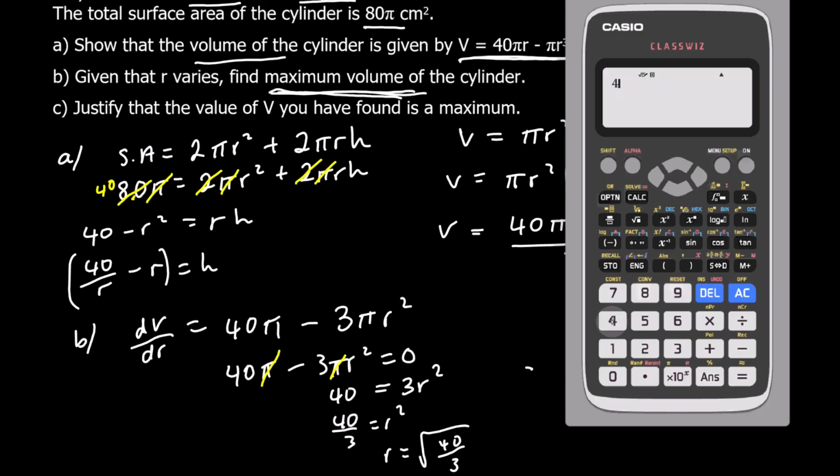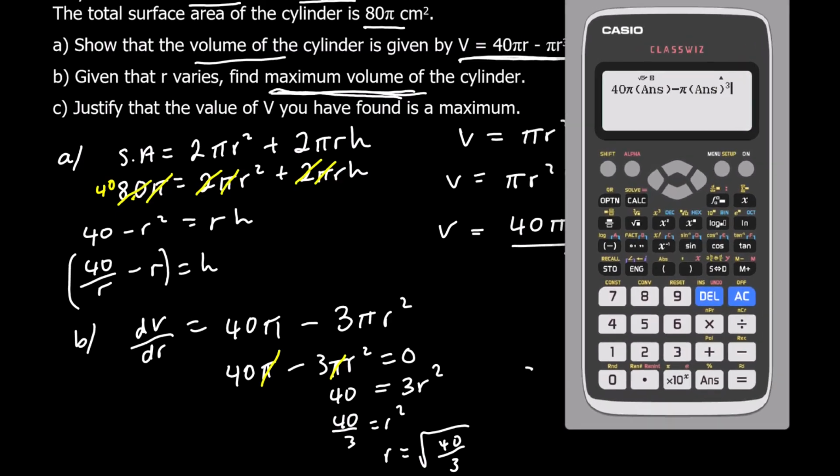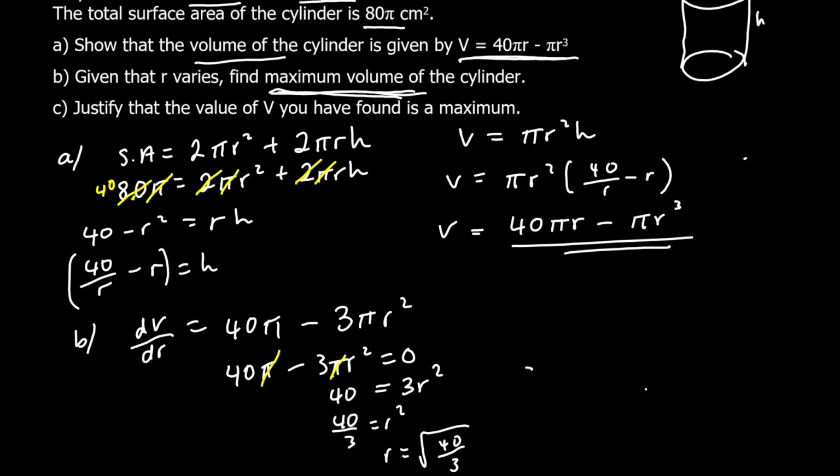So 40 pi times answer minus pi times answer cubed. So that's 306. So V is 306 to 3 significant figures. And that is in centimeters cubed.